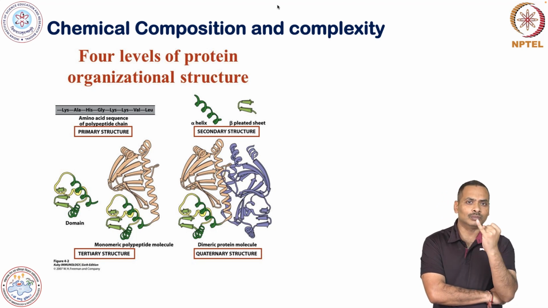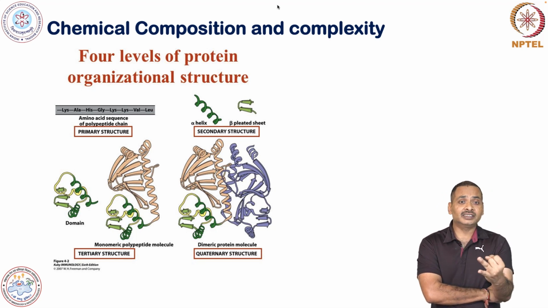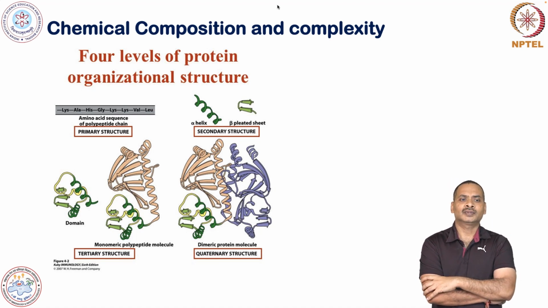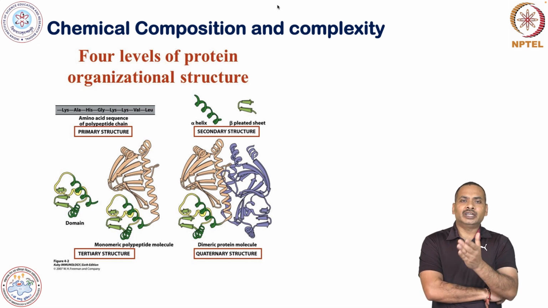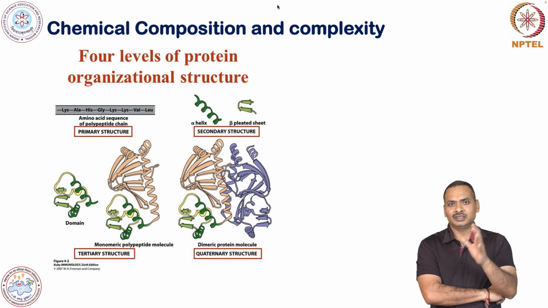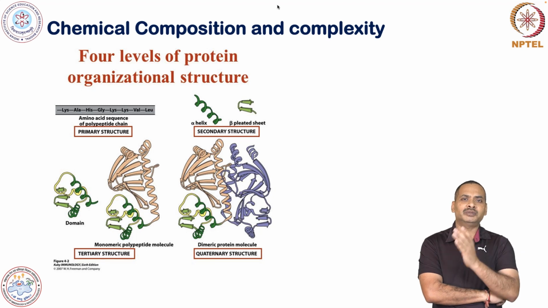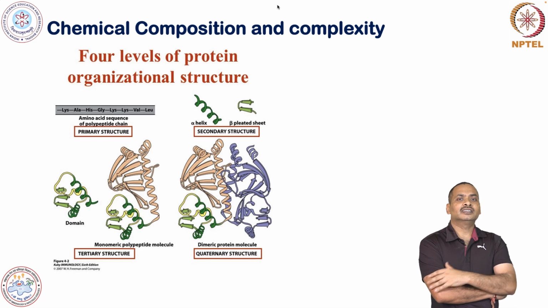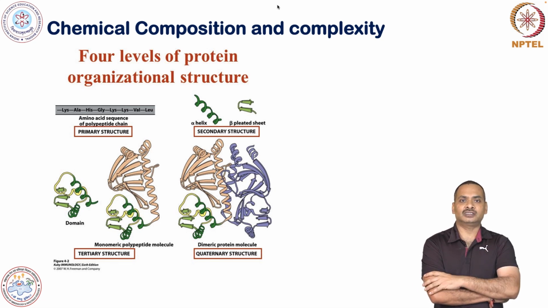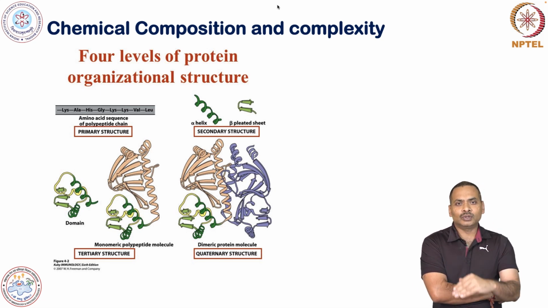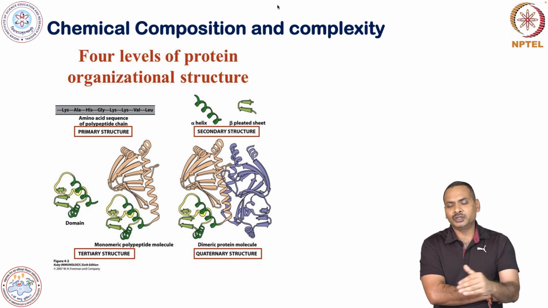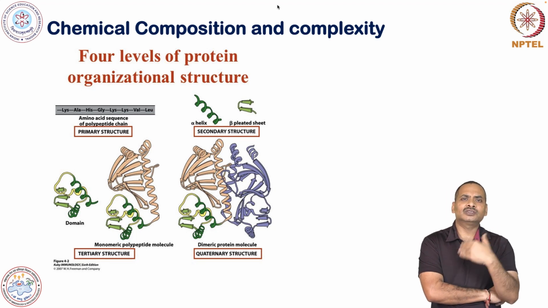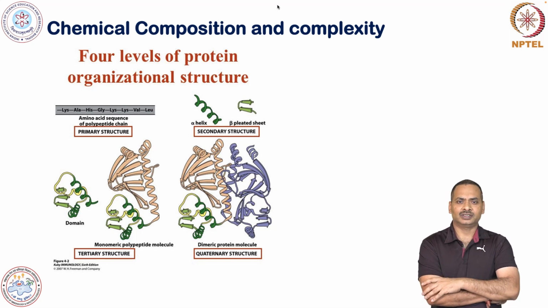One reason is molecular weight and another reason is that they do not have any complexity, they have a very simple structure. You know that a protein molecule has primary structure, secondary structure as you can see in this slide, tertiary structure and quaternary structure. If the immunogen has this complex structure, then it will be very immunogenic.